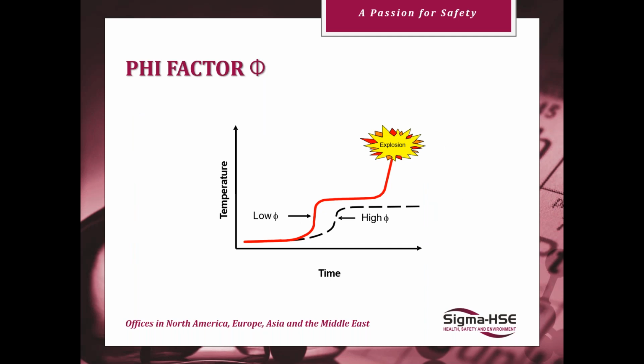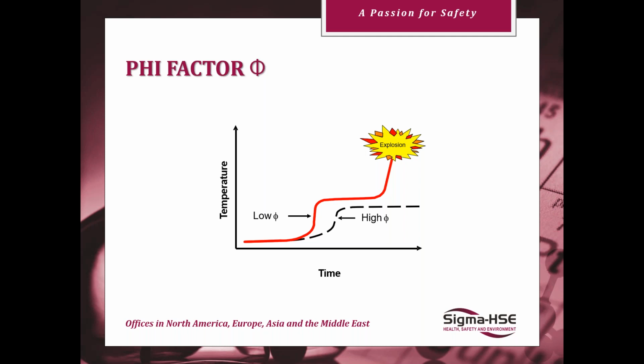So this kind of shows the importance of the phi-factor. This is just an example plot here. We've got a high phi test with the black dotted line, and we can see over time the temperature increases studying this particular reaction, and it will not quite hold the temperature in the reaction mass in the same way that a low phi would. So you've got more heat transferring from the reaction mass into the walls of your vessel.